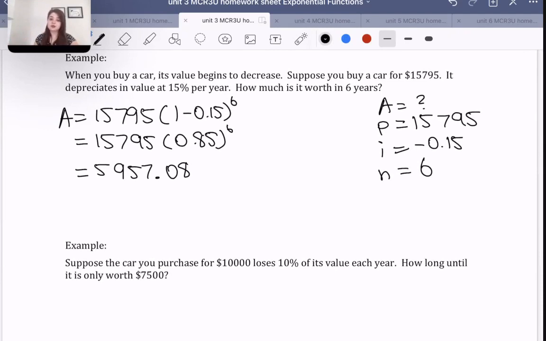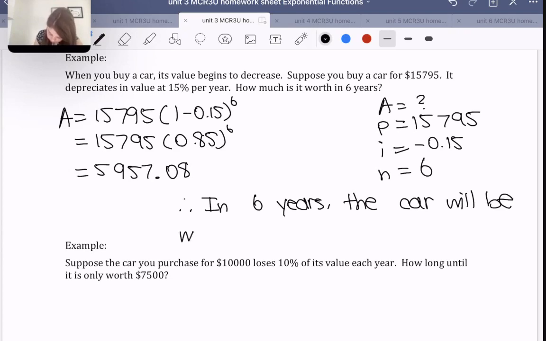In 6 years, it will be worth $5,957.08 is our estimate. So therefore, in 6 years, the car will be worth only $5,957.08.